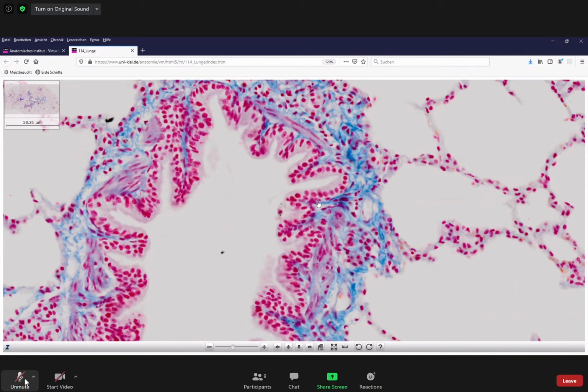So what is the job of club cells? It produces surfactant proteins, and so helps prevent collapsing of these airways. Yes, exactly. So some of the molecules which are part of the surfactant are produced by these club cells. And then there is another job that the club cells have.